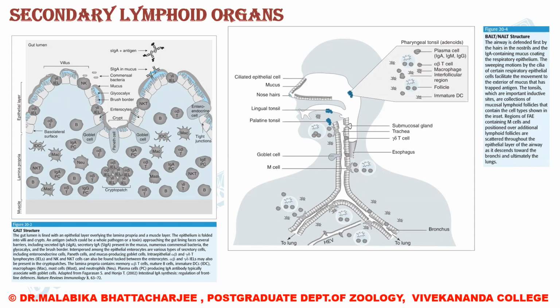It's a T helper 2 response, which further activates the B lymphocytes. Thereafter, the B lymphocytes, on recognizing the antigen, produce the antibody against the antigenic epitope.